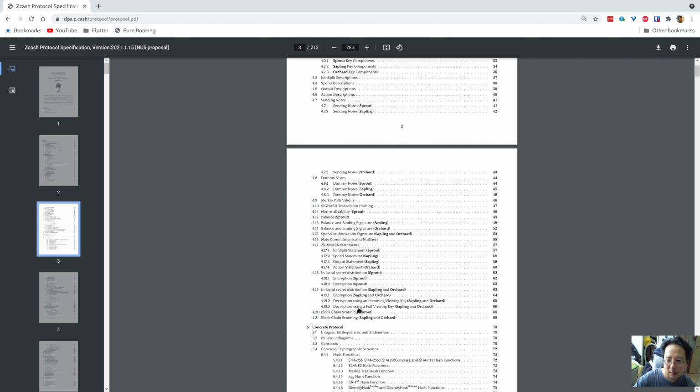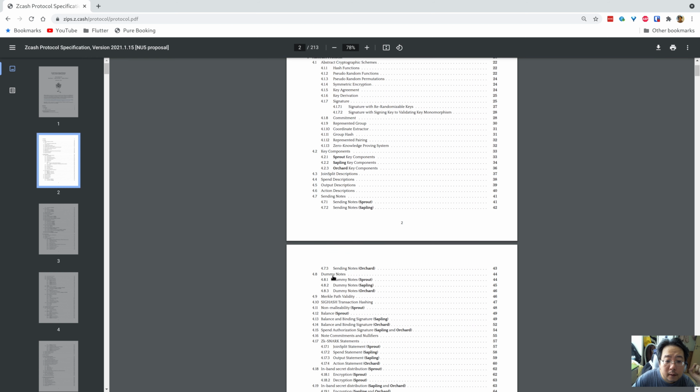So there's some kind of mapping between the script and an address. But for Zcash, there's no script, and the note itself has an address.